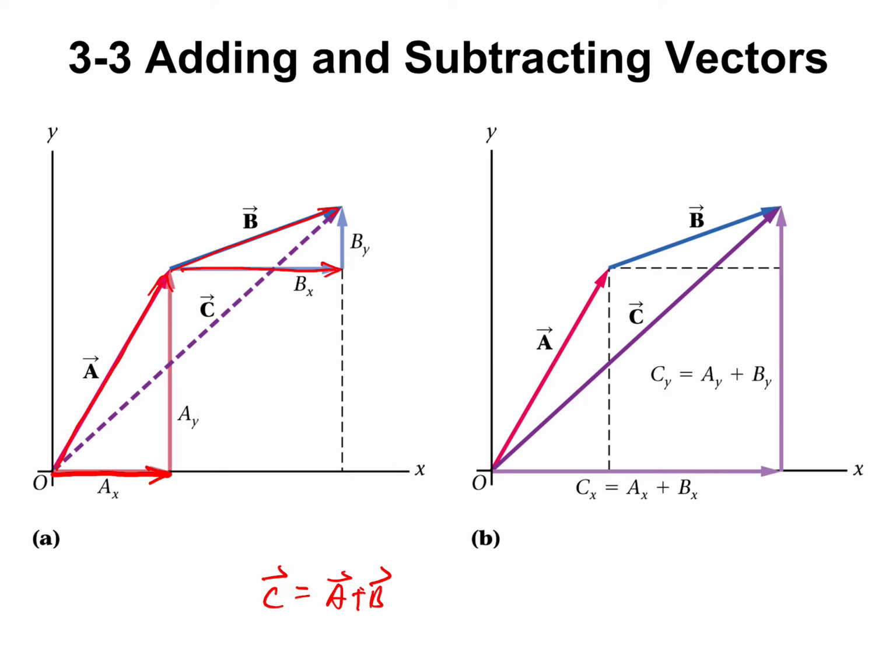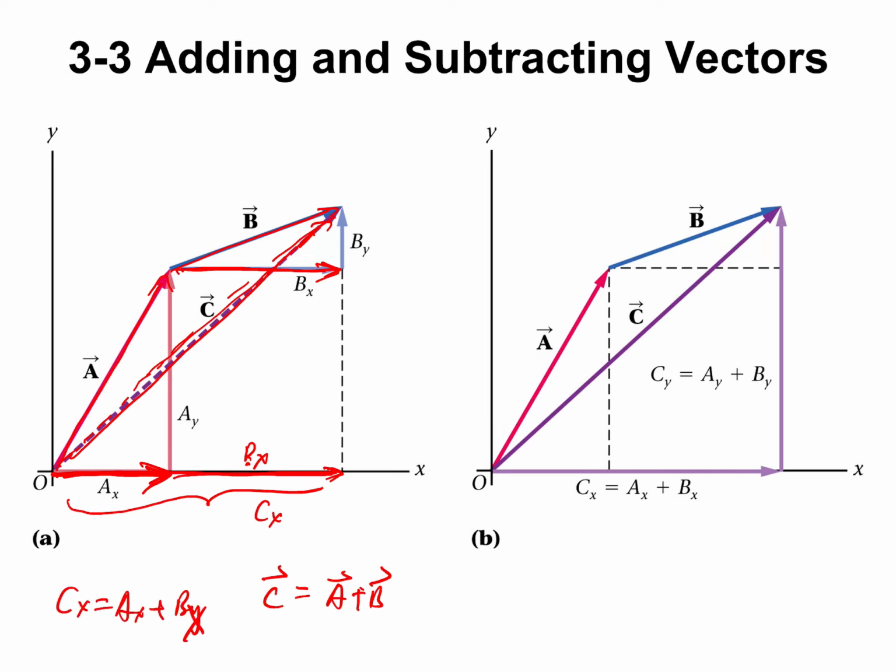You see, add them together graphically. This is the C vector equal to A plus B. And what is the X component of C vector? You see, this is the X component of C vector. This is CX equal to AX plus BX, right? So the whole thing here is CX.